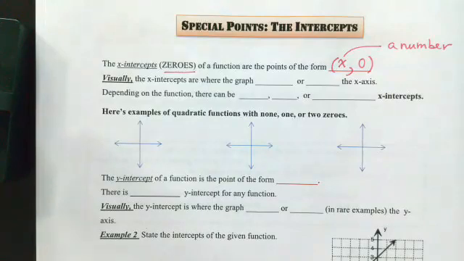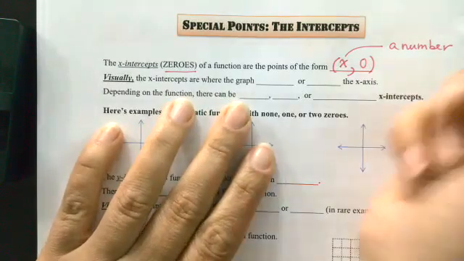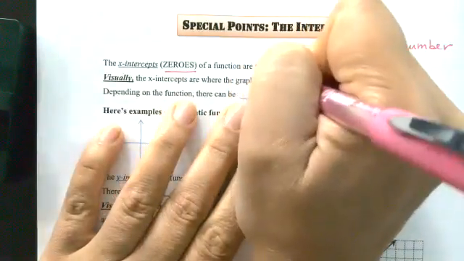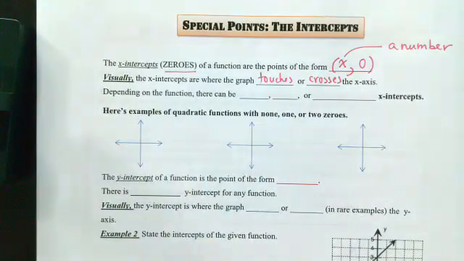Visually, where are the x-intercepts located on the graph? On the x-axis, right? So visually, the x-intercepts are where the graph touches or crosses the x-axis.